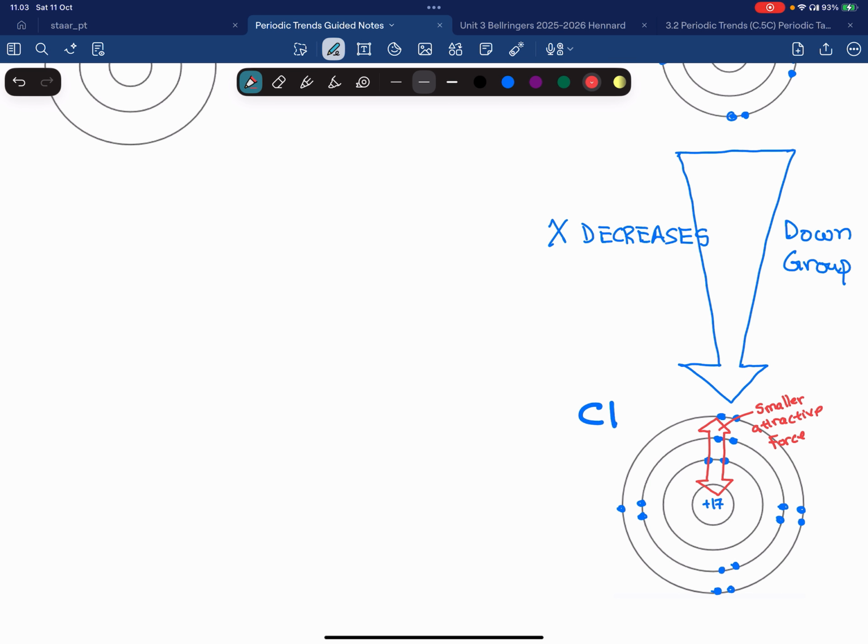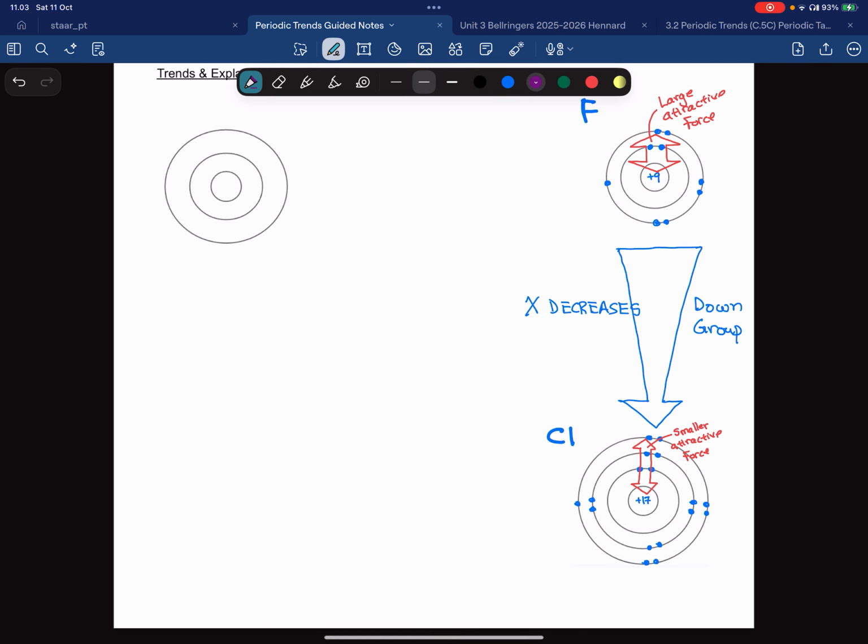All right, so that's what's going on. So let's put that into English words. All right, so here we've got two energy levels. And here we've got three energy levels.